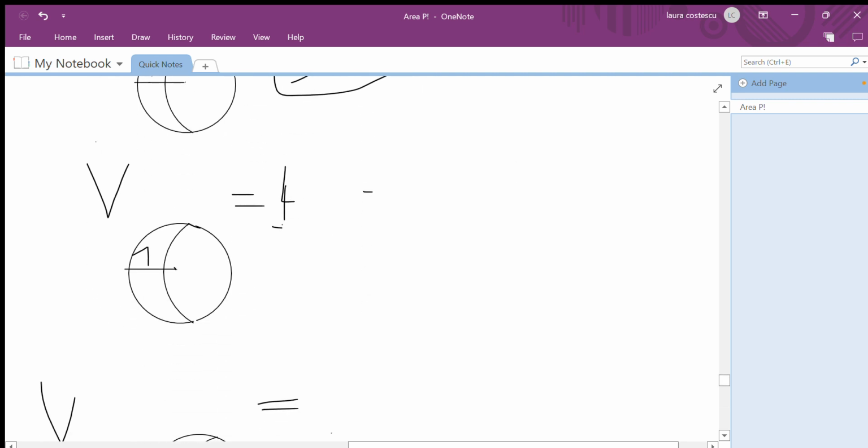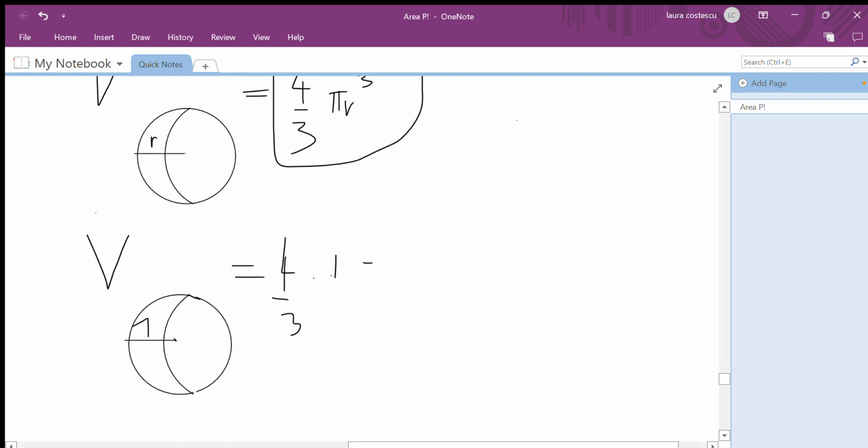So 4 over 3 times pi times 1 cubed, which is just 4 over 3 times pi.